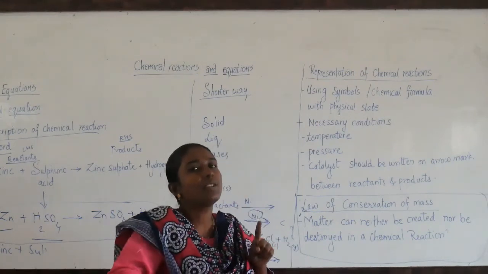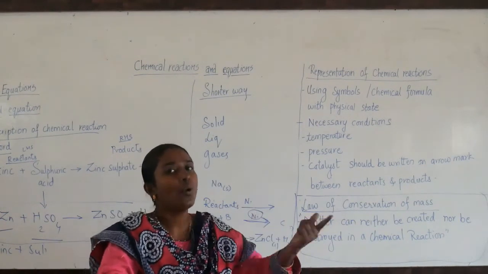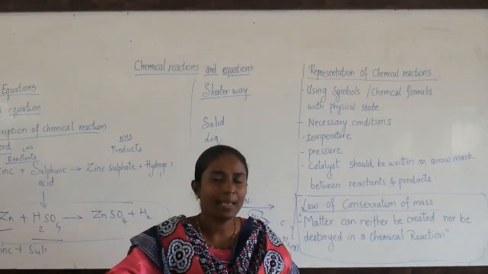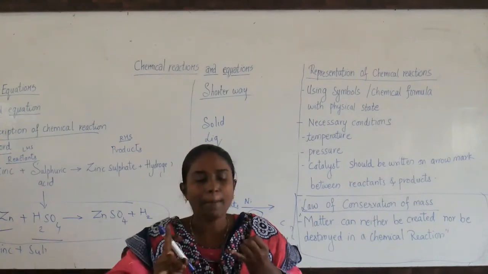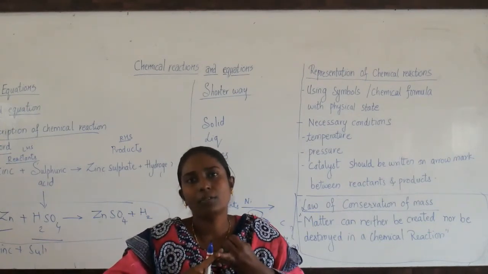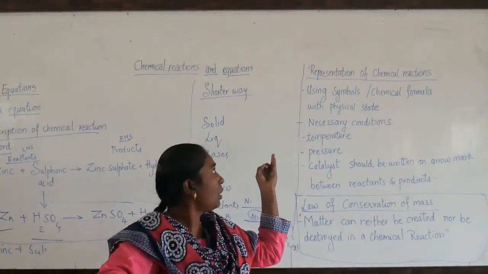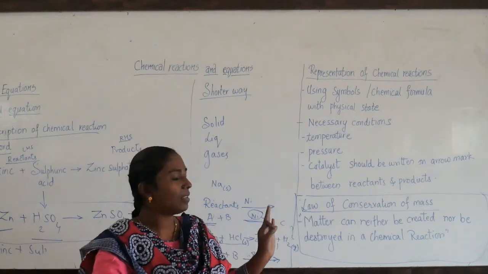So the law of conservation of mass states that matter can neither be created nor be destroyed in a chemical reaction. So once again I repeat, learn by heart the symbols, the names of the elements, the rules to represent the chemical reactions and the law of conservation of mass.